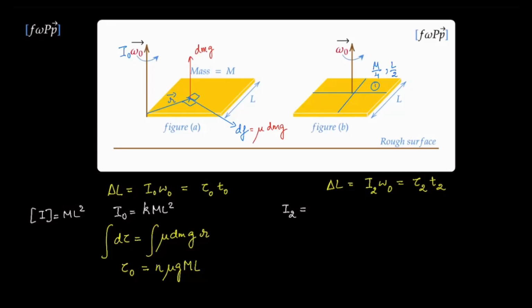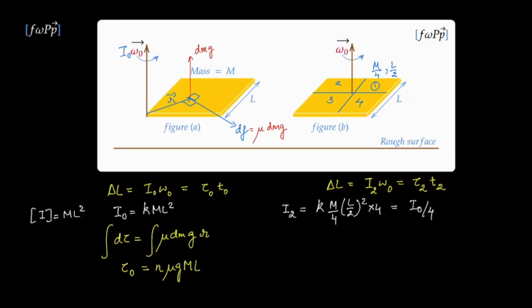Therefore, it must be equal to K into mass by 4 length by 2 whole square, because I2 has the same form as I0, because the axis has a similar geometry with respect to both of them. However, it has to be multiplied by 4 because there are 4 such squares. As you can see, this can be written in terms of the original I0 divided by 4.